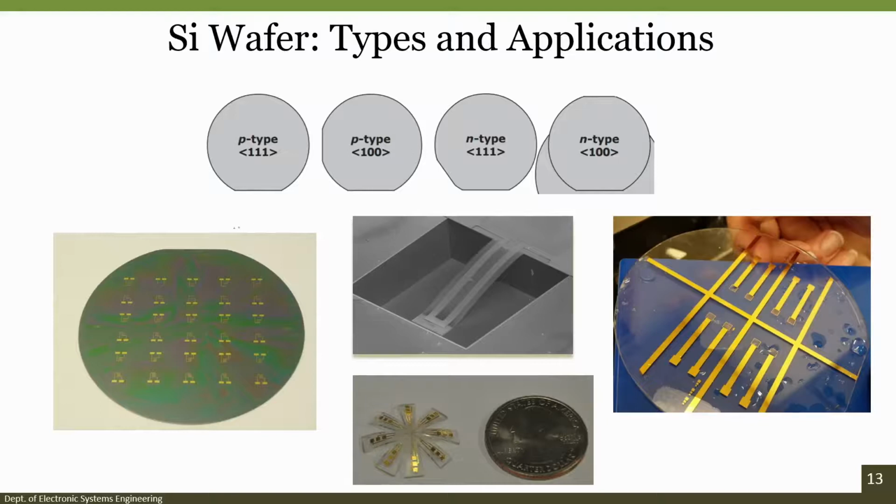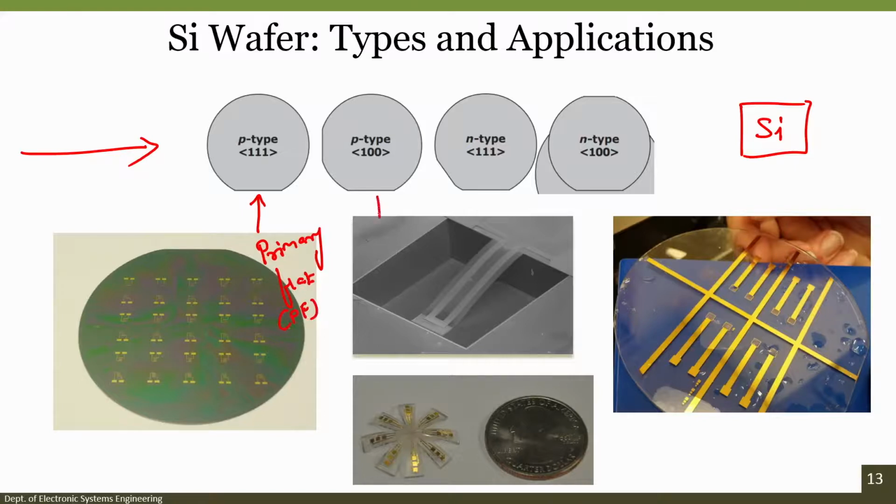If you see this particular image or schematic, you will see that all these 4 different kinds of wafers, of course, all of them are silicon wafers, have primary flat. You see, I write primary flat, let us say PF.